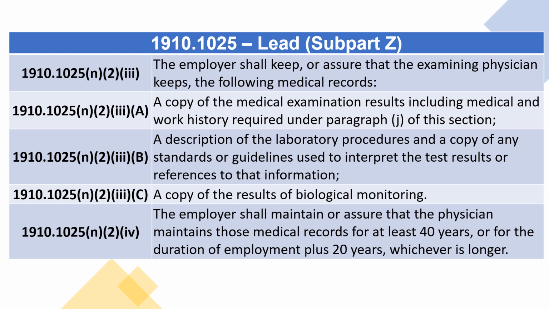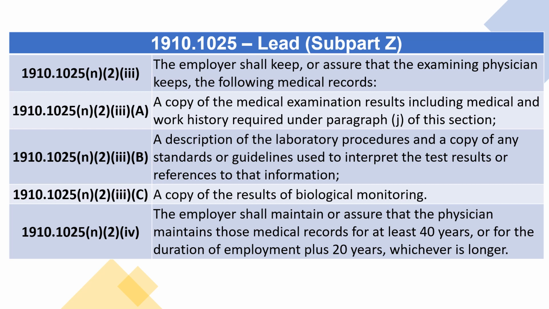1910.1025 (n)(2)(iii). The employer shall keep or assure that the examining physician keeps the following medical records, (A) through (C): A copy of the medical examination results including medical and work history required under paragraph (j) of this section, a description of the laboratory procedures and a copy of any standards or guidelines used to interpret the test results or references to that information, and a copy of the results of biological monitoring. 1910.1025 (n)(2)(iv).